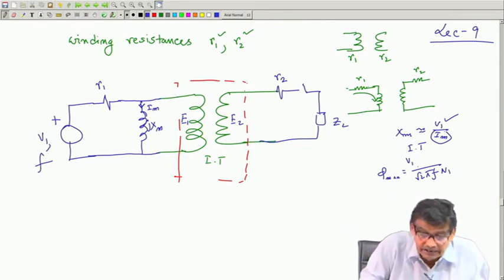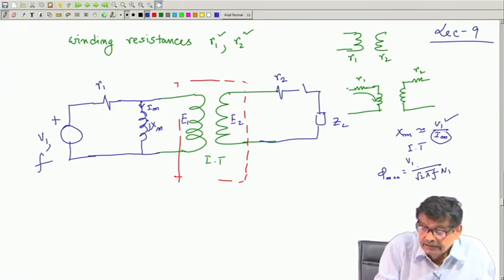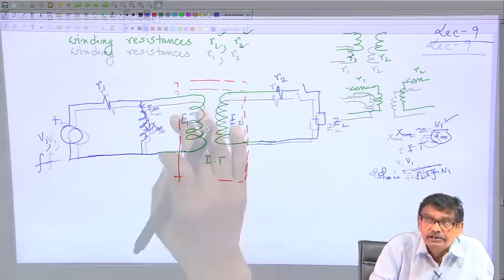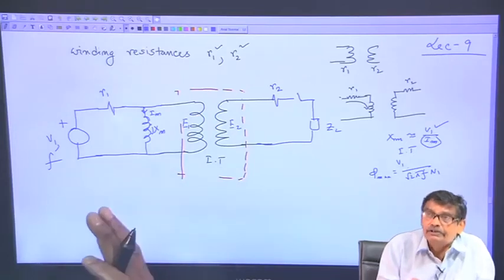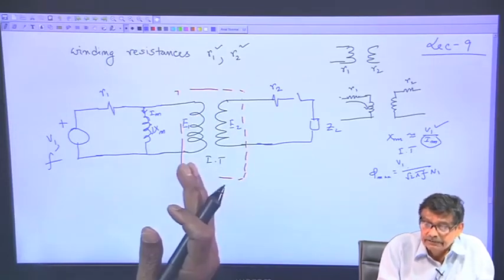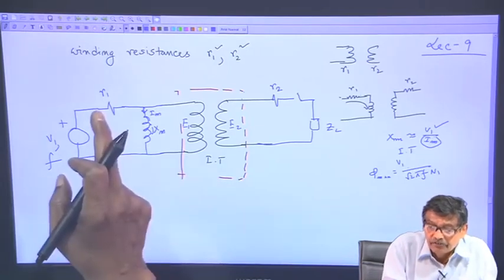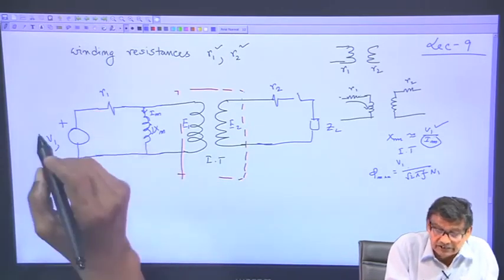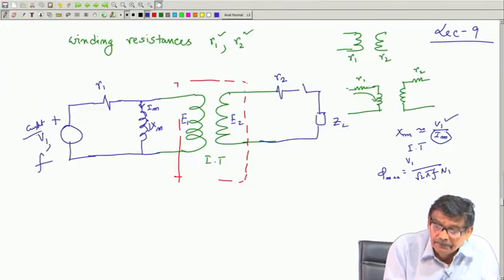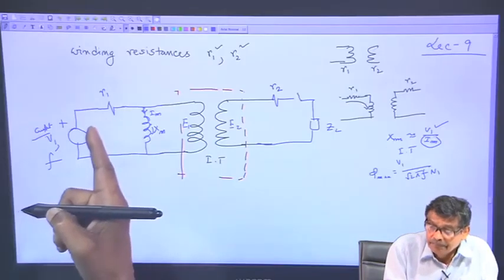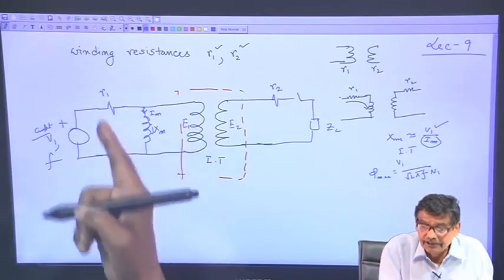But now I come to know that the applied voltage to this ideal transformer, strictly speaking, will not remain constant because of the presence of R 1. V 1 is constant, mind you, but V 1 minus this drop is what is applied here.